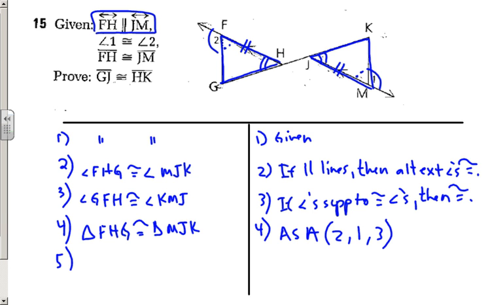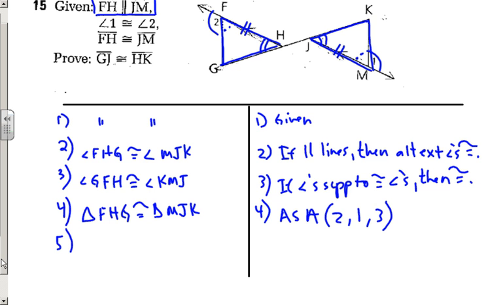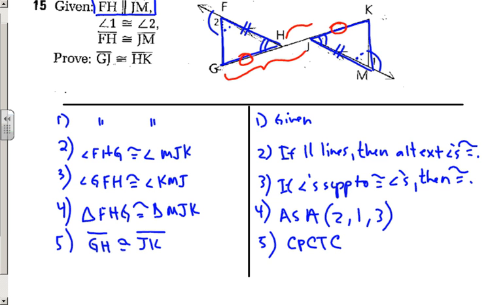Now I'm 2 steps away from proving what I want, and the first of these is to say GH is congruent to JK by corresponding parts of congruent triangles are congruent, CPCTC. What I'm trying to prove is that GJ is congruent to HK. Well, what property is that? Pause and think about it.